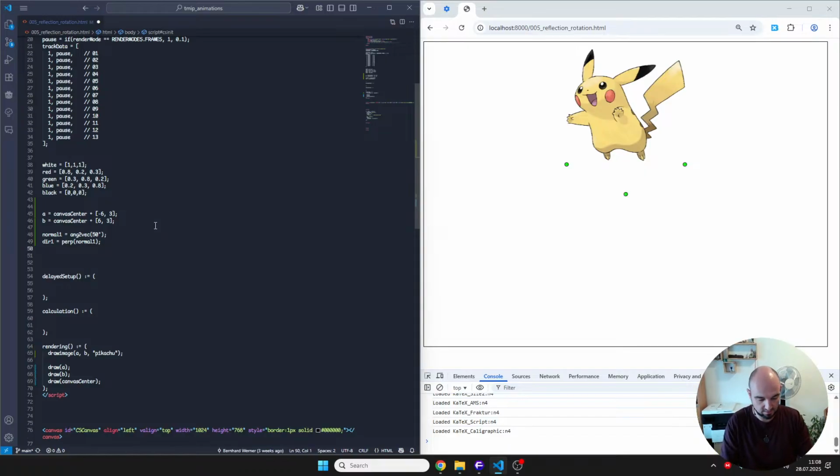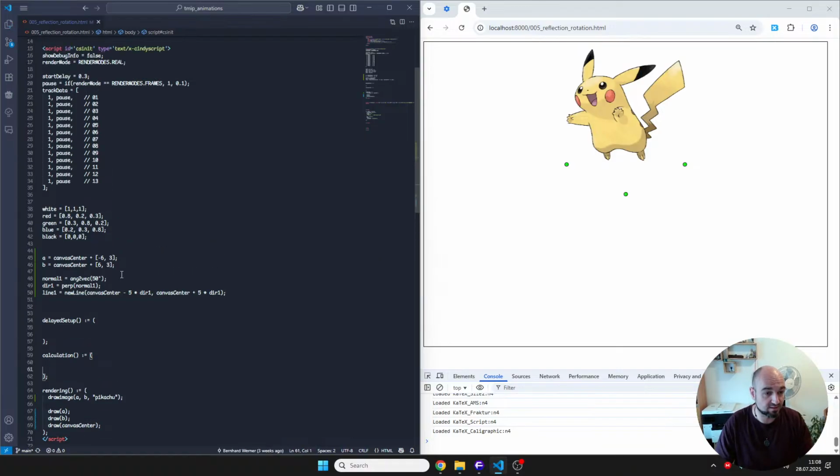And then we have the canvas. So let's say line 1 is a new line, we say canvas center minus 5 times the direction, and canvas center plus 5 times the direction 1.